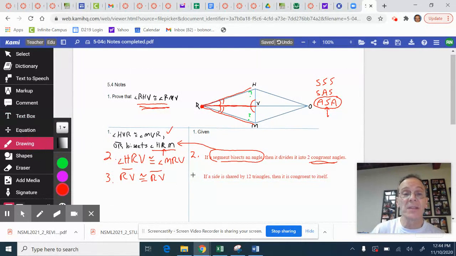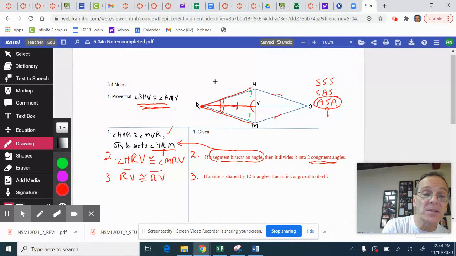Again, the truth is that every segment in the whole world is congruent to itself, but it's not helpful to say that about random segments. It's not helpful to say that about this segment over here or that one over there. It's really only helpful to say it about that segment there, because that segment belongs to the two triangles, so it acts like a pair.